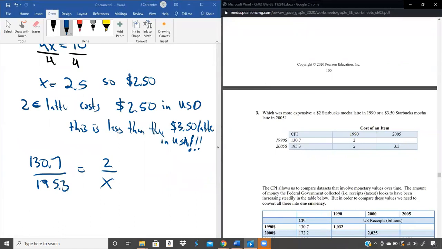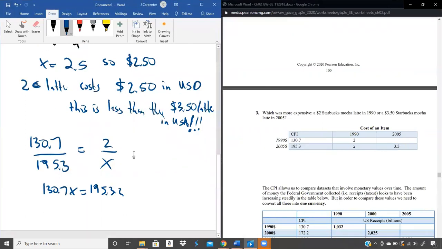I could go 130.7 over 2 equals 195.3 over x. I could go 2 over x equals 130 over 195. There's 8, arguably 16 ways to set this up correctly, but there's also ways to set it up incorrectly. I can't go 130.7 over x equals 2 over 195.3, for instance. Cross multiply, you'll get 130.7 times x is equal to 195.3 times 2.